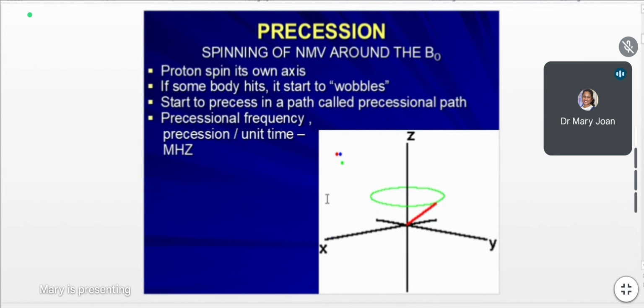Another terminology is precession: spinning of the nuclei around the applied magnetic field B0. The proton spins on its own axis. If something hits it, it starts to wobble and precess in a path called the precessional path, and the precessional frequency is the precession per unit time, which is expressed in MHz, megahertz.